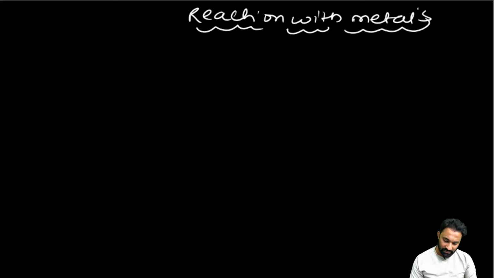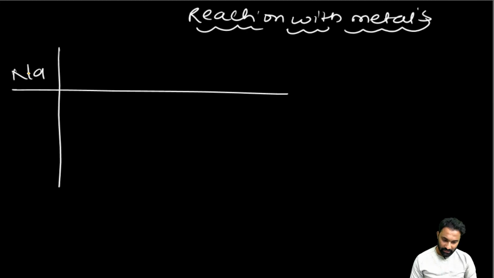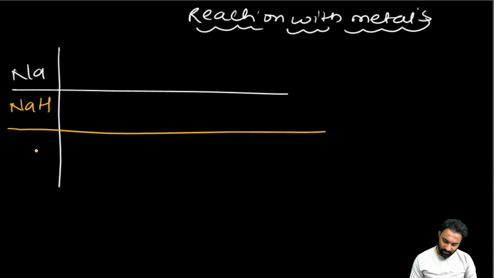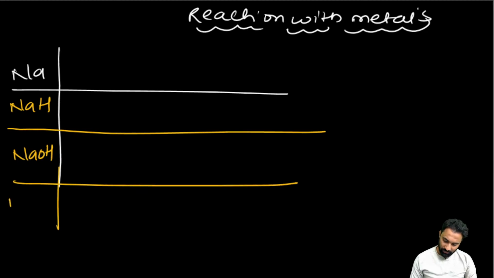Now what are the reactions with metals we are having? That is Na, first one. Second one, we are having sodium amide. Next one, NaOH. Next, sodium carbonate.